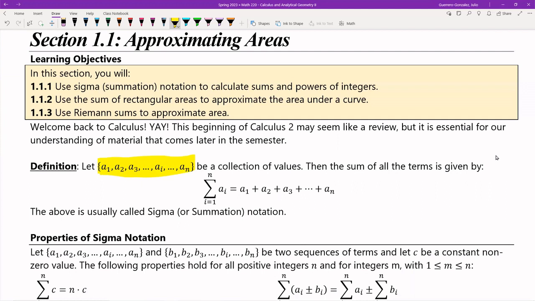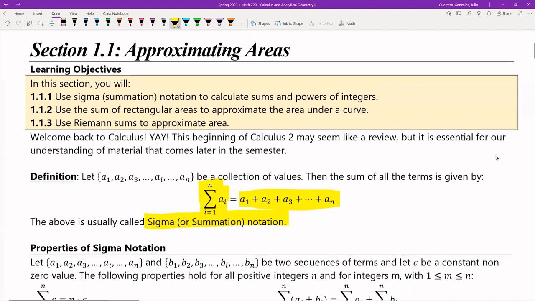Then the summation, if I wanted to grab every single one of those a sub n and add them all together, would be written out this way, and this is what it would mean. This is usually called sigma or summation notation. Like I said, this is going to be popping up over and over again over the course of our semester.